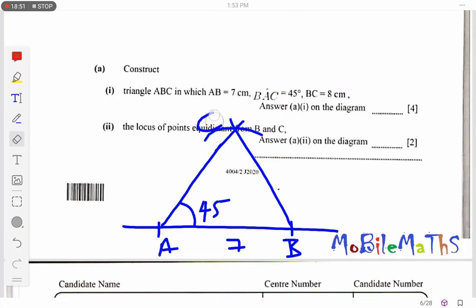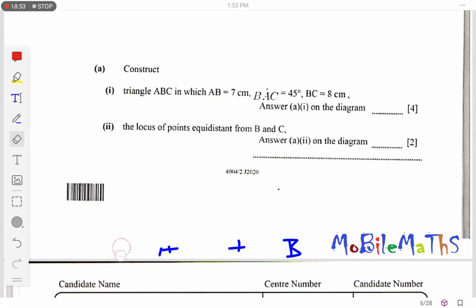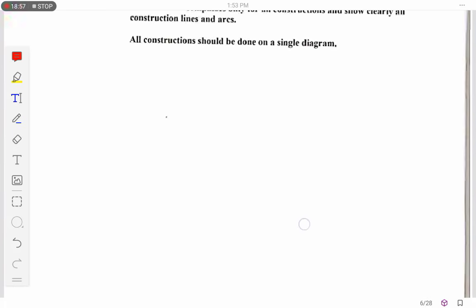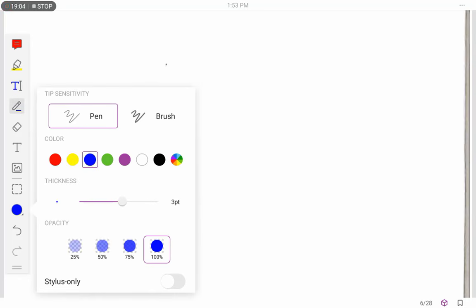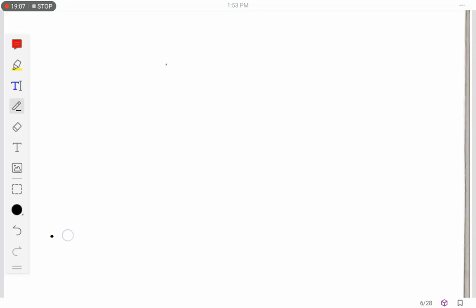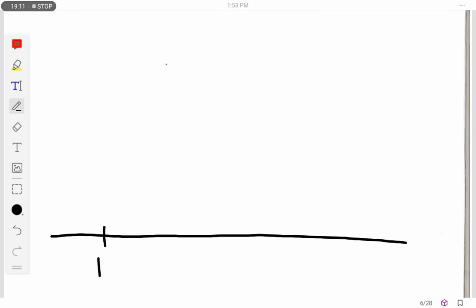Now let's draw the triangle together on the space that is provided. Okay, so drawing our triangle, first of all, we draw our straight line, we mark a point, and we name it A. Then we draw 45 degrees, we open our compass and we measure those points there, then we mark and we mark there.